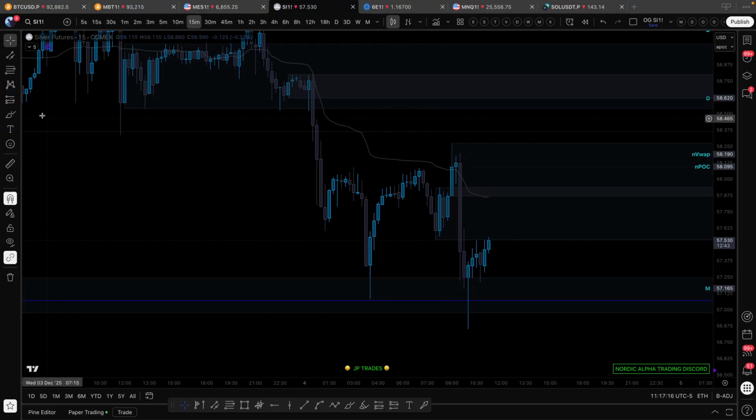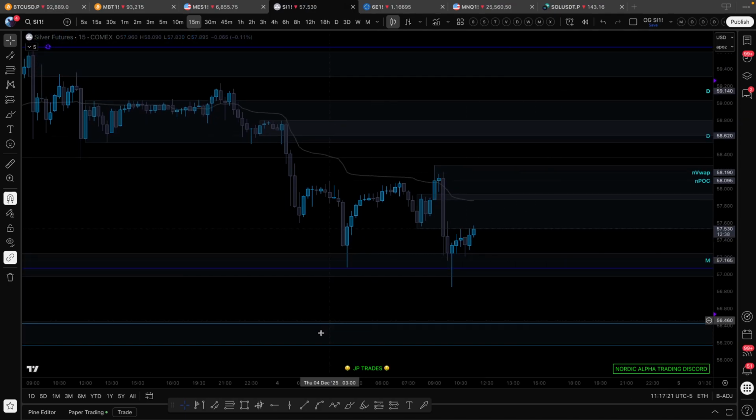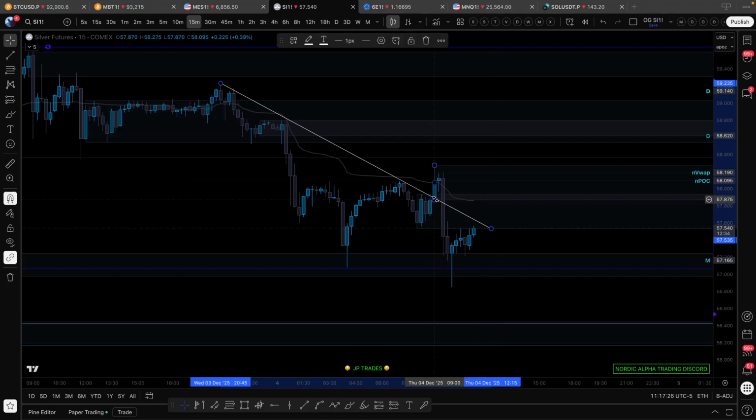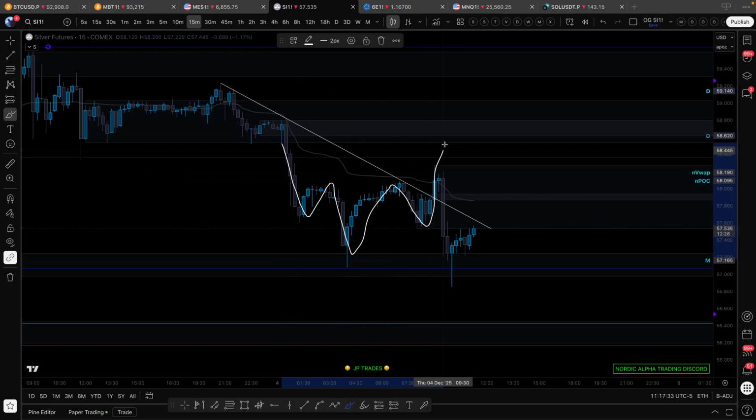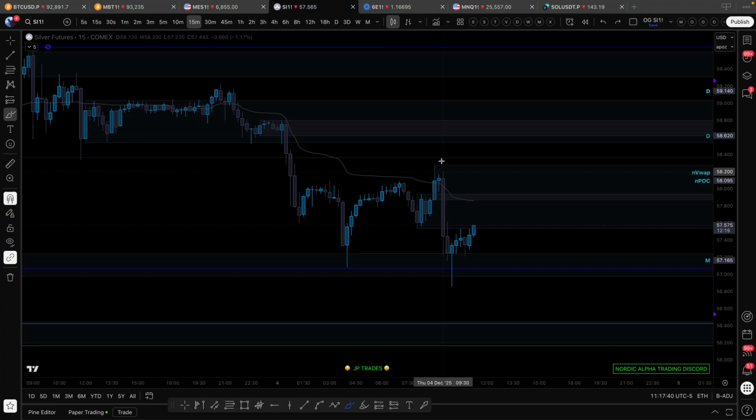Because if you're only staring at a line on the charts, whether it be this trend line here that broke and you traded the breakout of this, or whether you traded this as an inverse head and shoulders and you traded the breakout of that neckline, there is a reason why this happens, and there's a reason for the failure. And if you understand that reason, you actually understand how markets move in general.